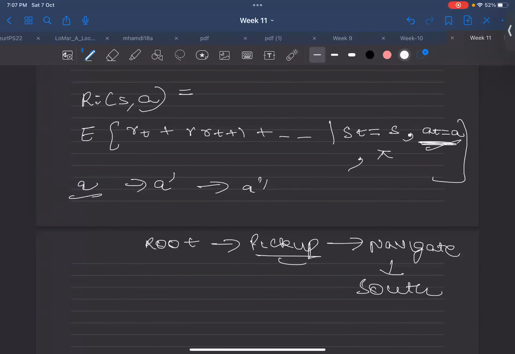Can these things happen? So do I need the policy because of this? If we are in pickup, we require some policy, and if we are in navigate, we require some policy. Basically, I need to know the entire policy that was executed to compute this expectation, which is why I am conditioning on pi.